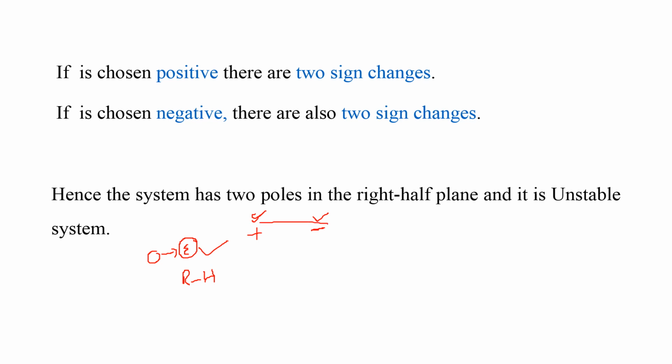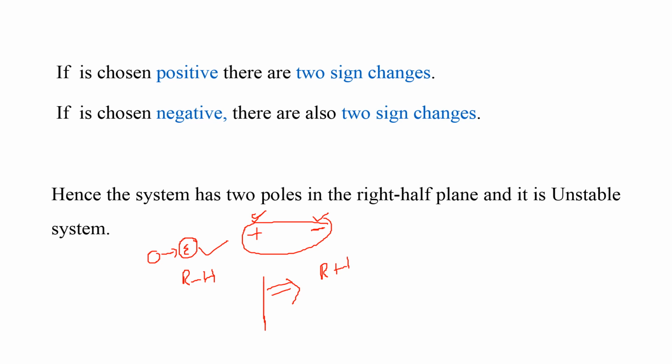After considering these two values, we have to identify the number of sign changes in the first column of the RH table. These sign changes represent the number of right hand side roots, and we can conclude that the given system is an unstable system. That is the example of special case 1 of RH criteria.